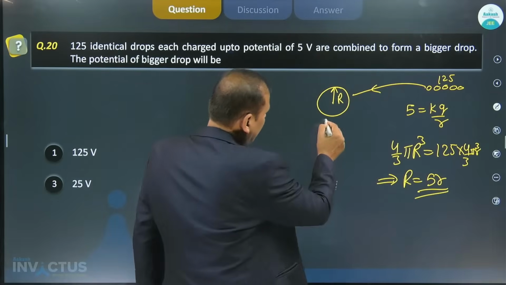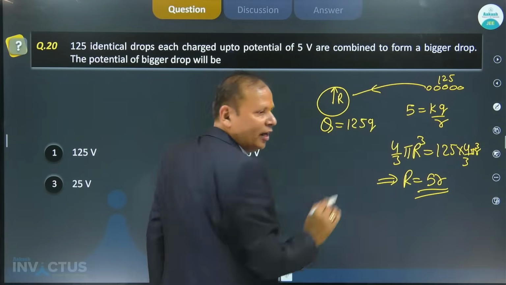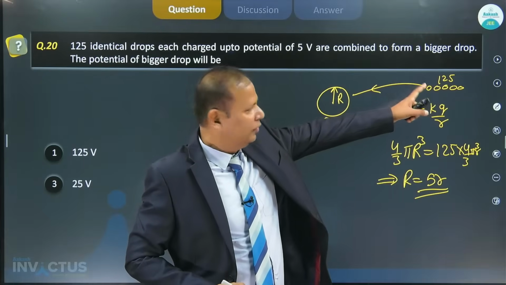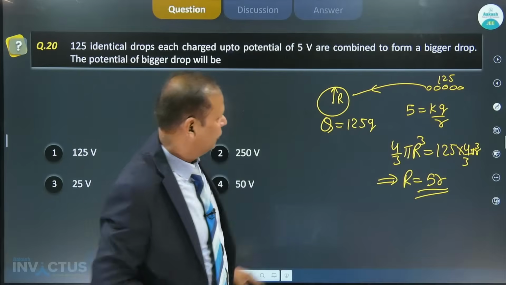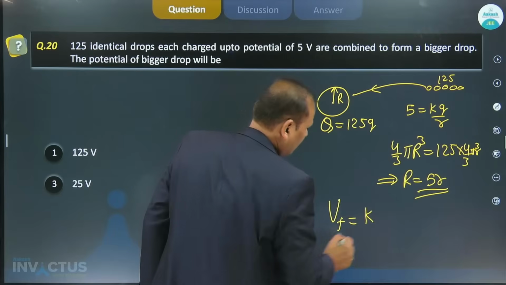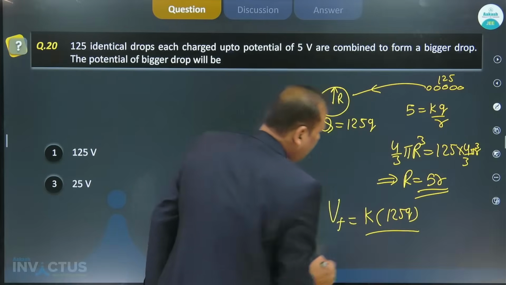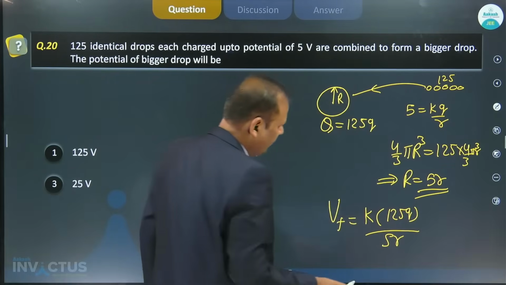Or certainly total charge Q is equal to 125 into small q. On a single drop, charge was Q. So on this drop, charge is 125 Q. So now V final is equal to K into 125 Q by final radius, that is 5r.